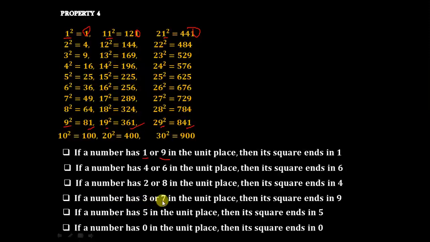If a number has 3 or 7 in its unit place, its square ends in 9. If a number has 5 in its unit place, its square ends in 5. If a number has 0 in its unit place, then its square ends in 0. This is property 4.